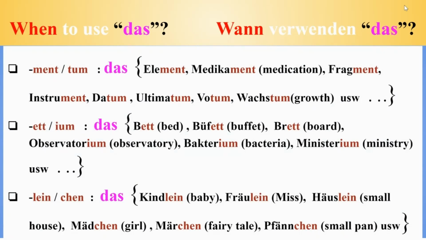When to use das? Nouns ending with ment und tum. Das Element, das Medikament, das Fragment, das Instrument, das Datum, das Ultimatum, das Votum, das Wachstum und so weiter. Ending with et und ium.